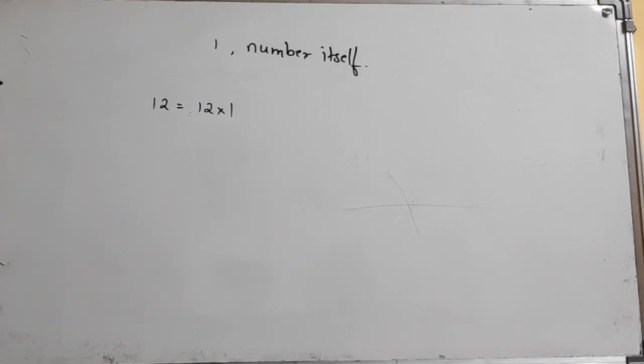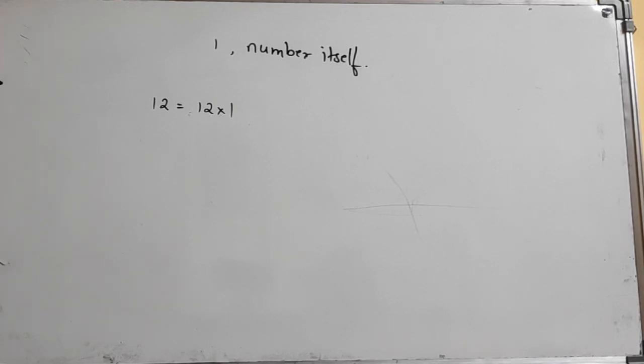You have studied about prime numbers from 5th standard, 6th standard, you know what prime numbers are. But this is just a revision. Understood? So prime numbers are those numbers which are divisible by 1 or itself, or they have only factors which are 1 and the number itself.